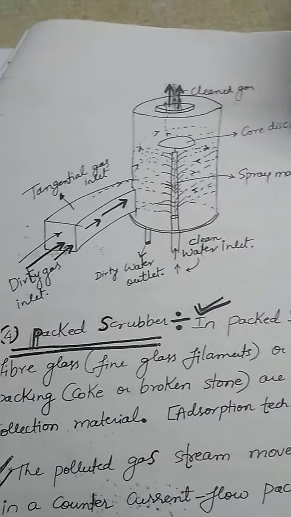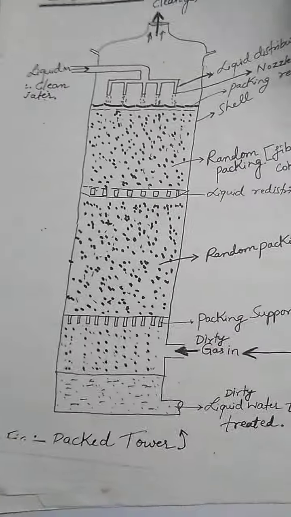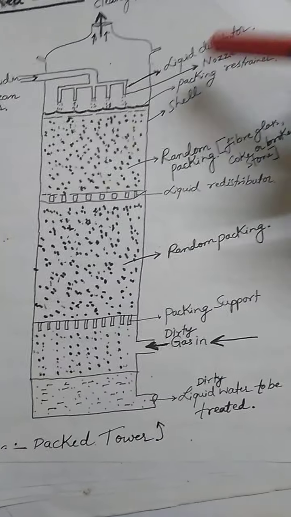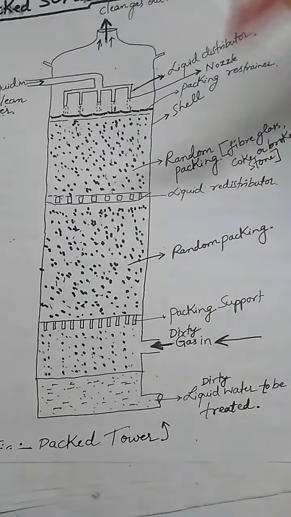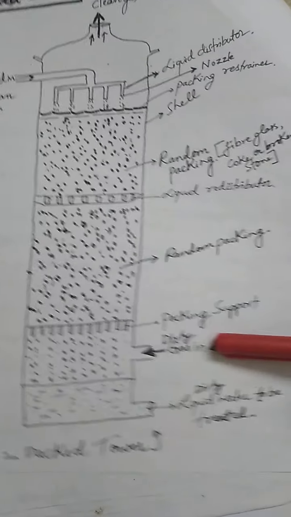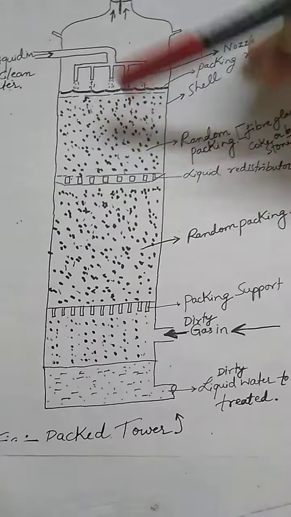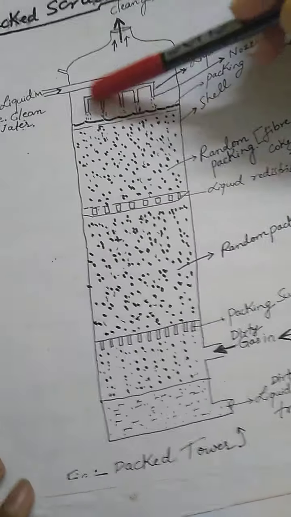Now the next type is the packed scrubber. In the packed scrubber, we are going to use packing material like stone and coke. We are going to have a column of fiberglass, coke or broken stone, and from the downside we pass the dirty gas, and in between we have a water spray.